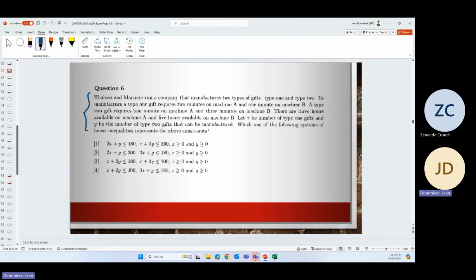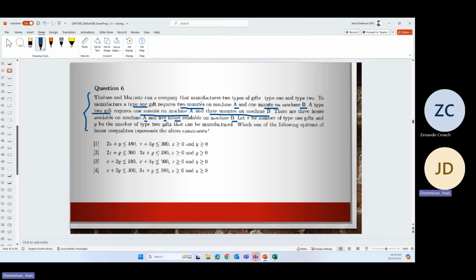To manufacture a type 1 gift requires 2 minutes on machine A and 1 minute on machine B. A type 2 gift requires 1 minute on machine A and 3 minutes on machine B. There are 3 hours available on machine A and 5 hours available on machine B.